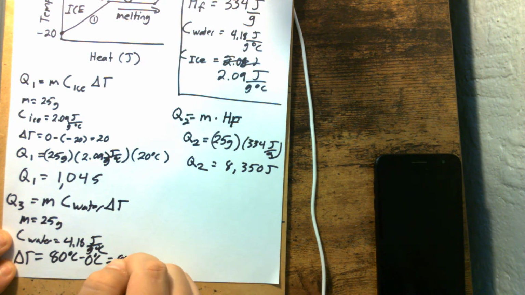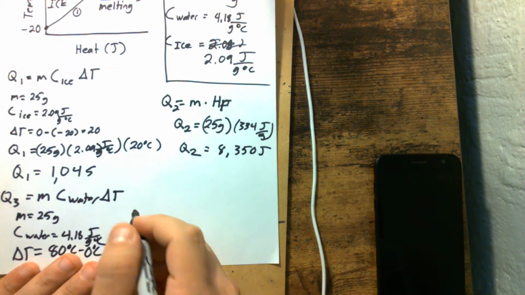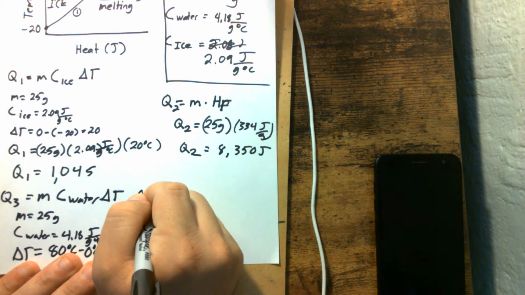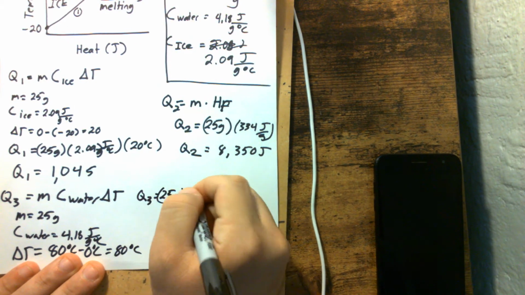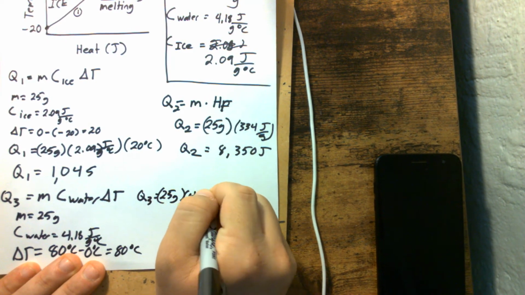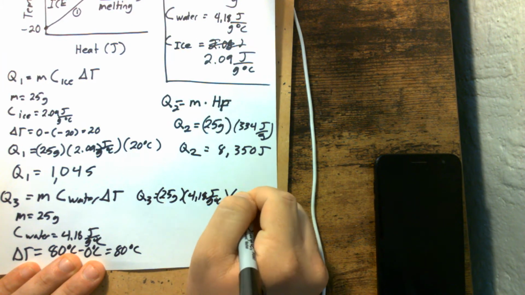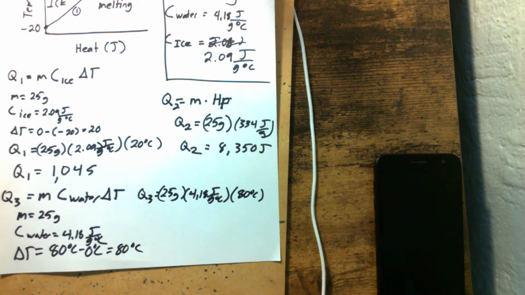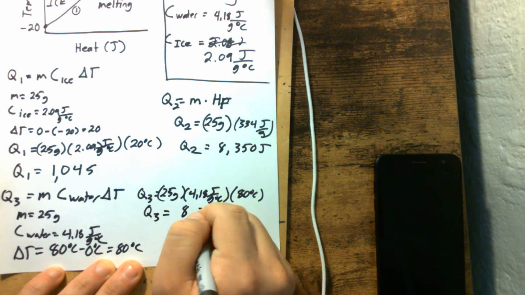So it's just 80 degrees Celsius. So to solve, we do Q3 equals 25 grams times 4.18 joules per gram degrees Celsius times 80 degrees. So we'll multiply these together. So we should get Q3 is equal to 8,360 joules.